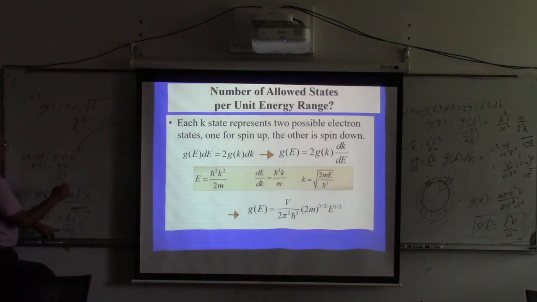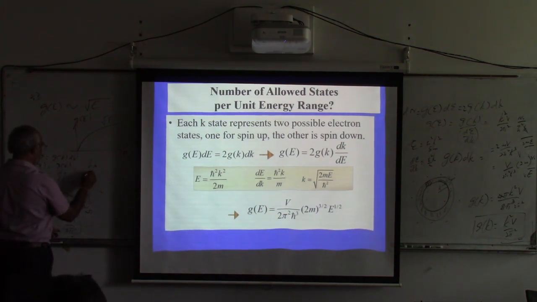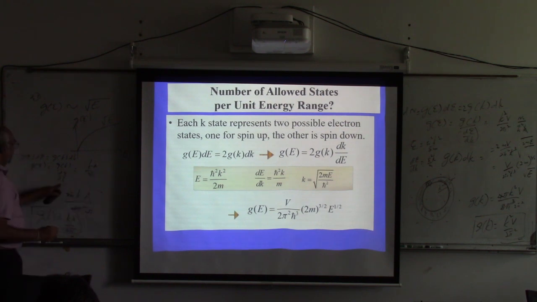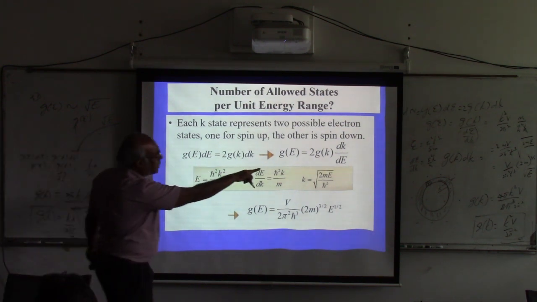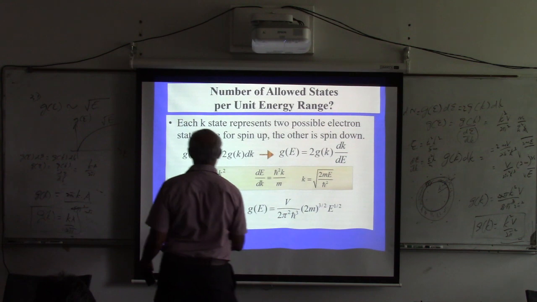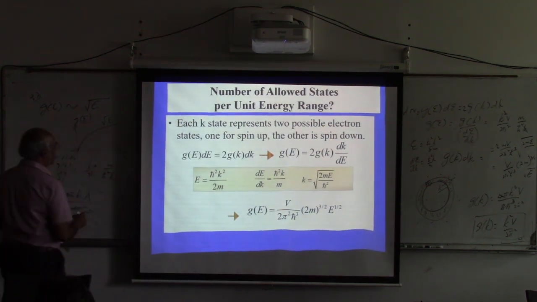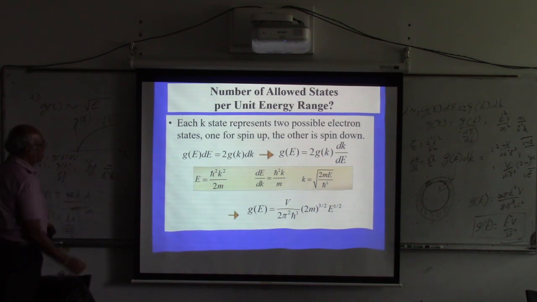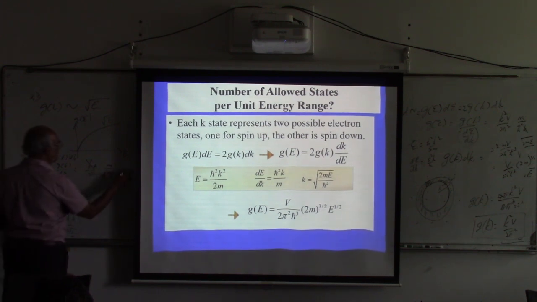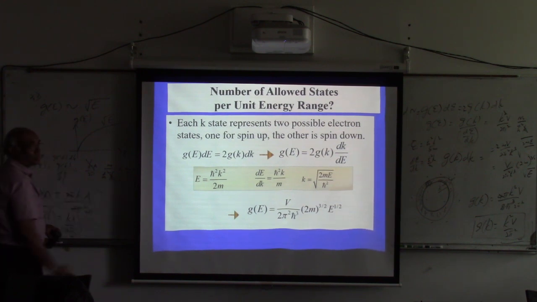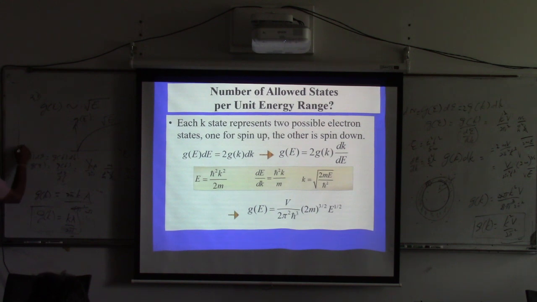So GK is kA over 2 pi. dE over dk is h bar squared k over m. You can see this k and k cancel. So what you get is mA over 2 pi h bar squared. So for the two-dimensional case, your density of states is actually constant.